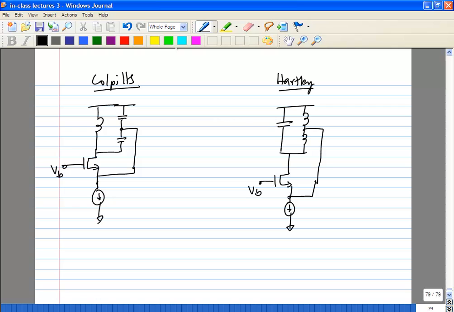This will be the Hartleys. Oh yeah, I think L1, L2 is better maybe.